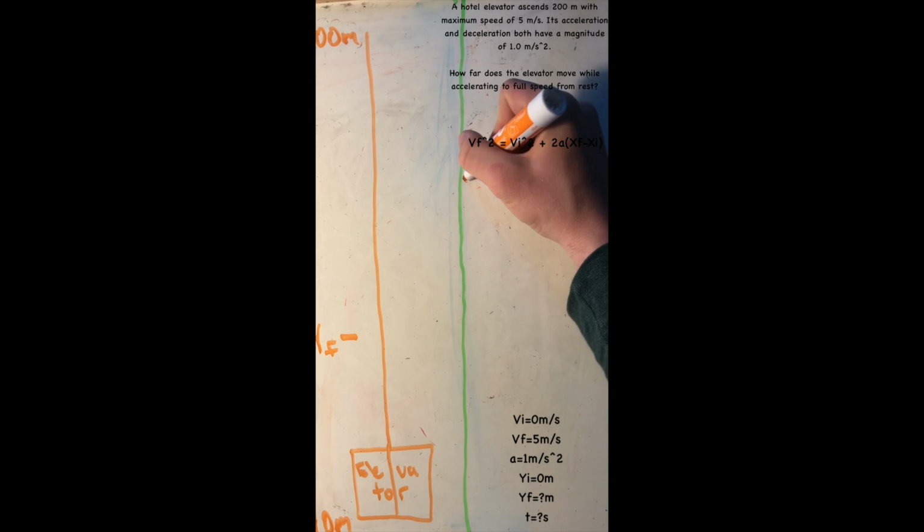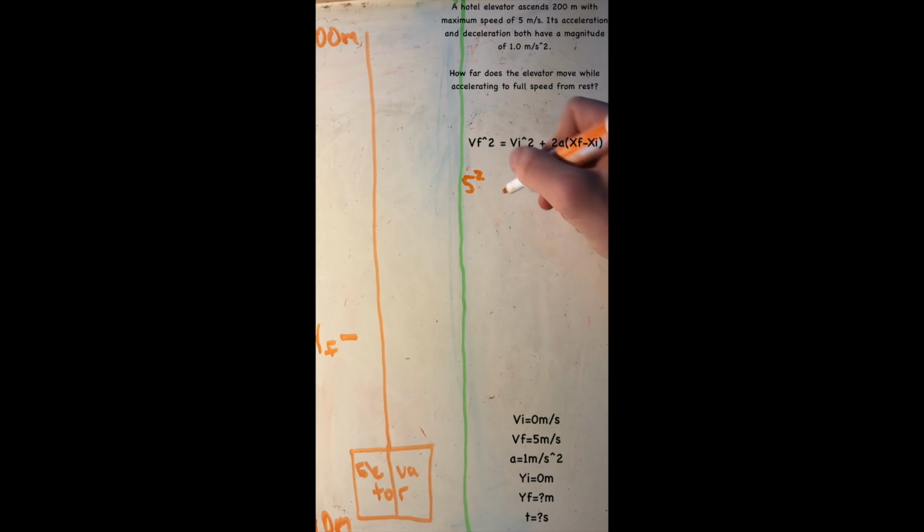So we've got 5 squared equals 0 squared plus 2 times 1 times x final minus 0. Alright, there we go. I'm running a bit out of space there.